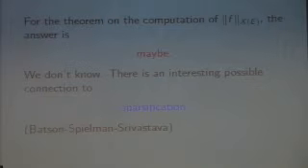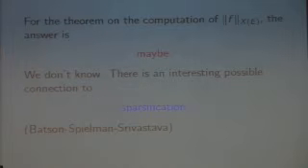For the theorem on the computation of the norm, the situation is more interesting, and the answer is maybe. Okay, so we don't know, and there's an interesting possible connection to sparsification. Sparsification is an amazing thing. I wish I knew more about it. If I had to give 6 or 7 lectures instead of 5, I would be saying more about sparsification.